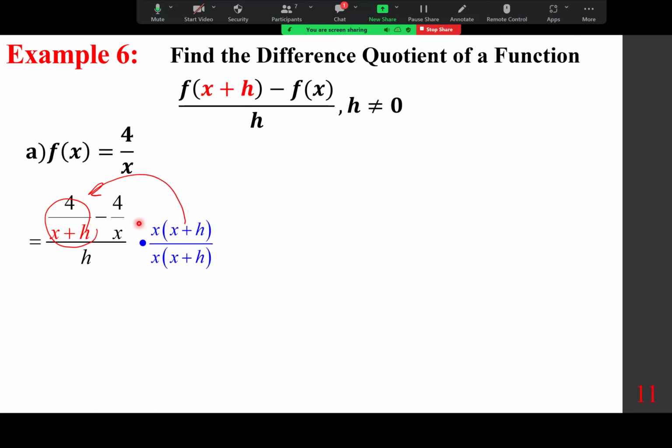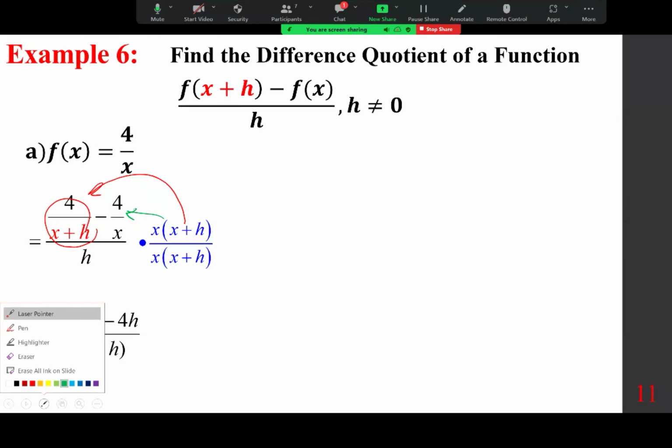The product of these two, now x goes away, minus 4 times x plus h. So again, times the first one, 4 times x plus h, 4 times x, and this one minus 4 times x plus h. Minus 4 times x plus h gives you minus 4x minus 4h.